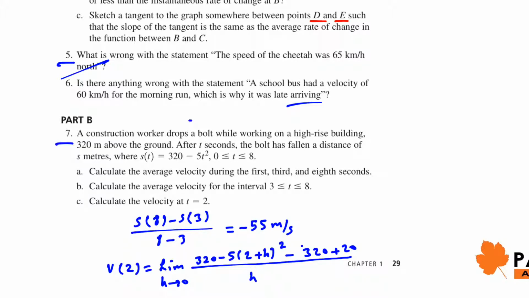That is s(2 plus h) minus s(2) divided by h as h approaches 0.